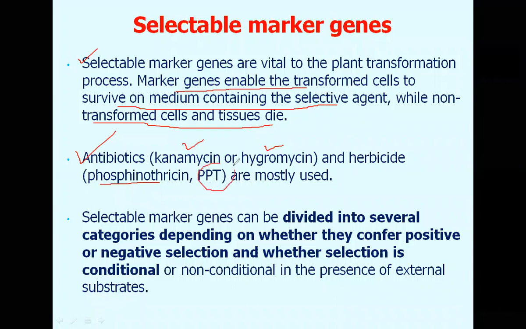They are very commonly used. So these are some of the agents which can be used as a selective agent, and therefore you have to incorporate a gene which will confer resistance to that particular selective agent, and this will help in making a distinction between the transformed cells and the non-transformed cells.